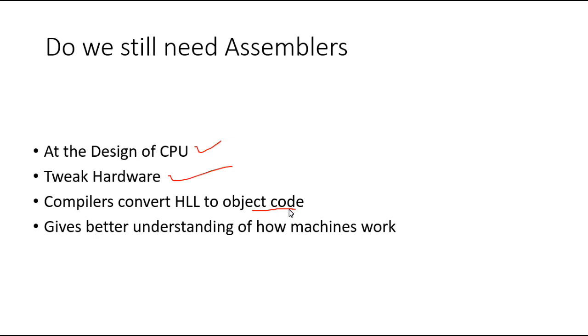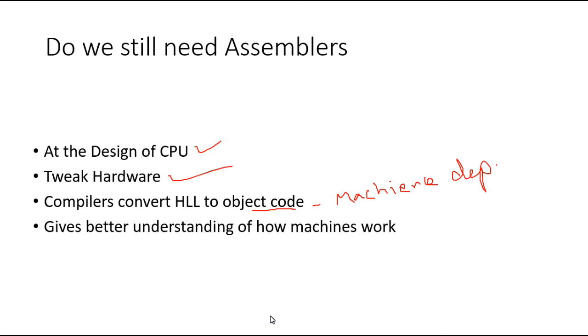Later, we will see that each instruction set as an intermediate representation needs to be converted into machine-dependent language. We have machine-dependent intermediate languages, and there we basically depend on the assembly-like languages.